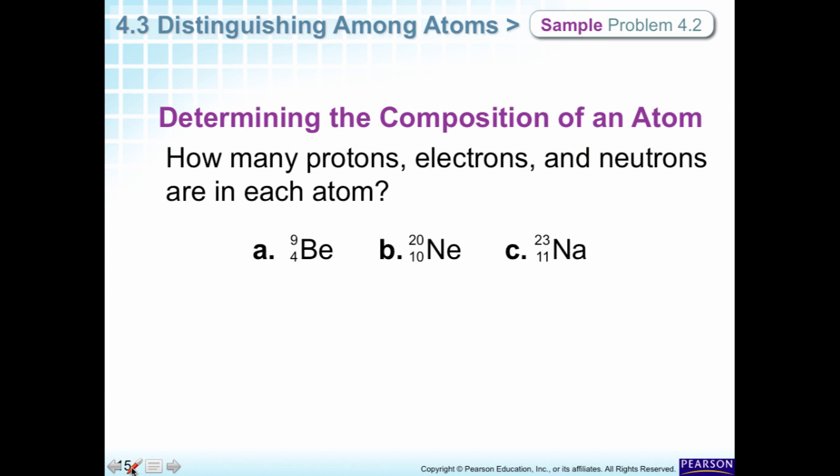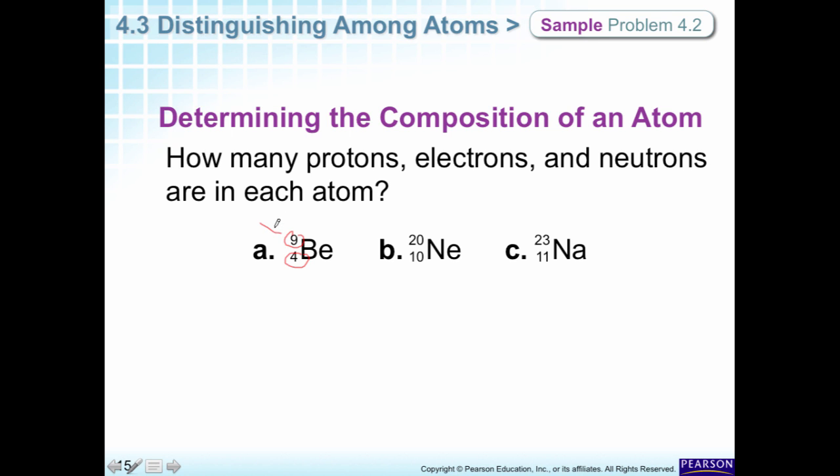All right, so now we're going to determine the protons, electrons, and neutrons of each atom. I'm going to walk you through this step by step. So we have beryllium, neon, and sodium. So beryllium, we have the larger number on top, smaller number on bottom.